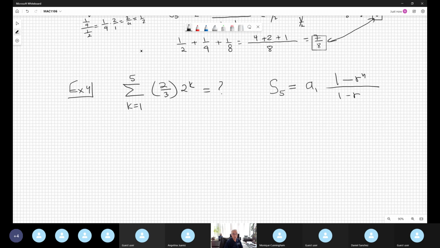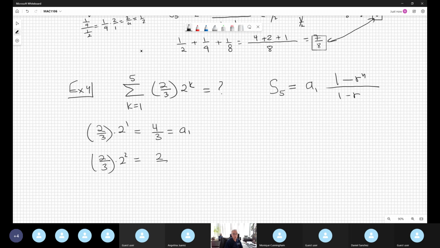Who is r? Who is A1? I don't know yet. To find the first term, suppose k equals 1. Then 2/3 times 2 to the first power is 4/3. This is A1, the first term in the summation. Who is r? I propose you take the second term: 2/3 times 2 to the second power, so k equals 2.